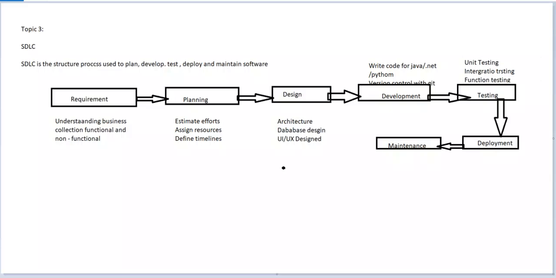What can I say simply? In deployment, we deploy to development, QA, UAT, then production.